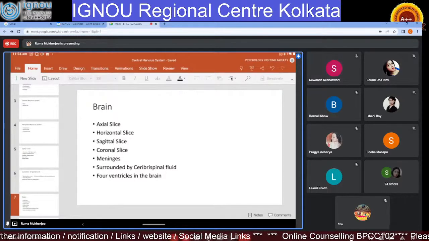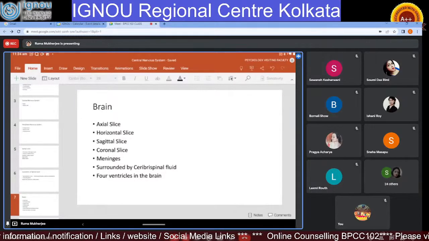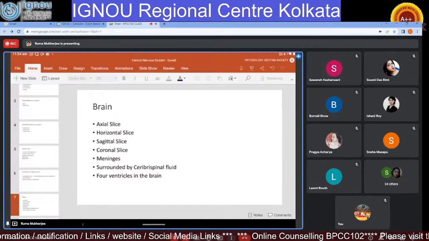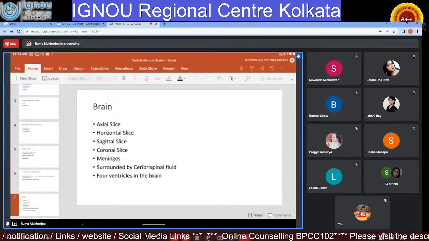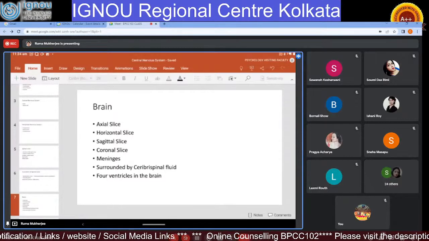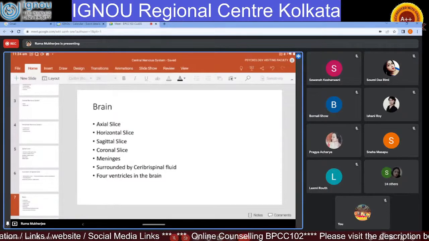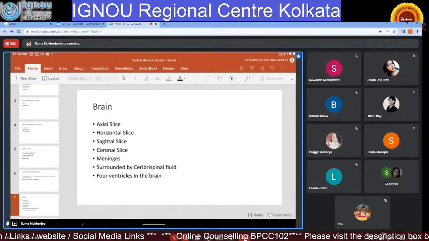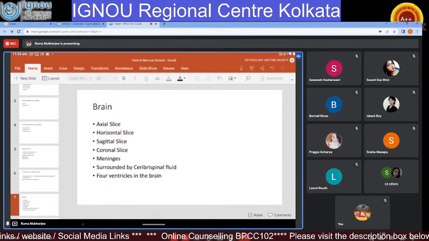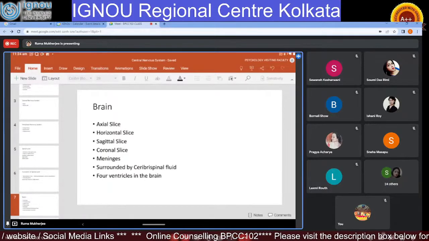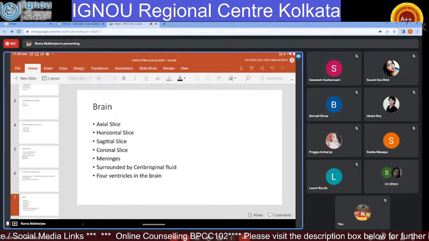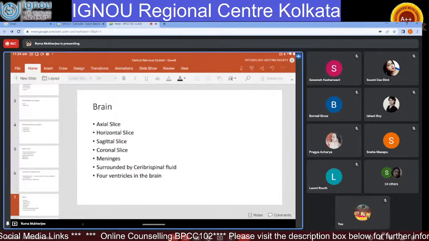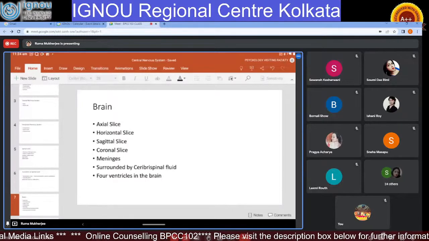That means the brain is sliced using three planes, and these planes resemble actual slicing done, for instance, at the time of post-mortem examination, or virtual slicing using magnetic resonance images of the brain that you have studied already in the first chapter. So there are three planes.